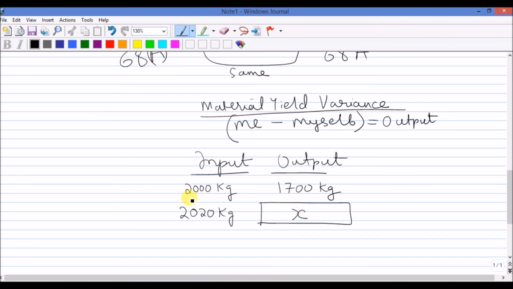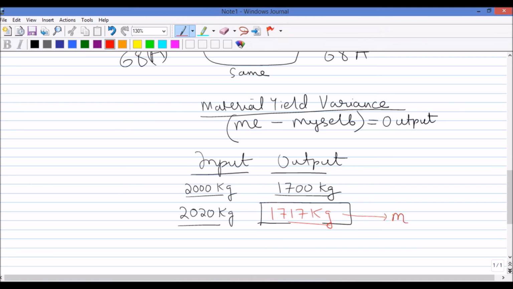Remember this: input and output. So I'm going to cross multiply: 2020 into 1700 divided by 2000. So I'm going to get 1717 kg. We are done with it.